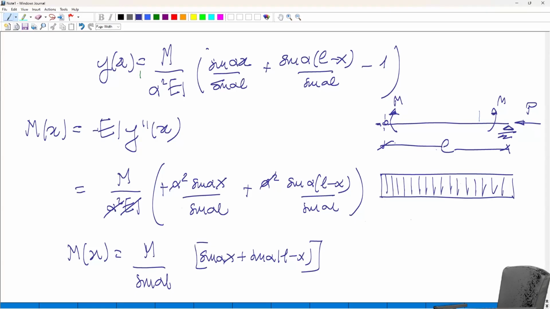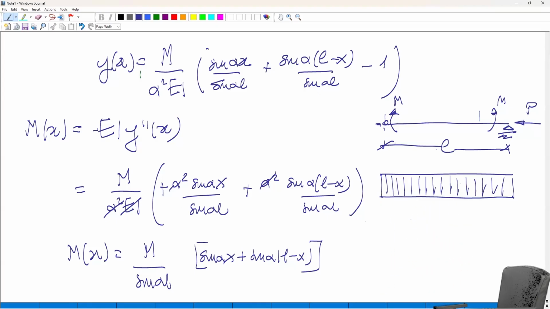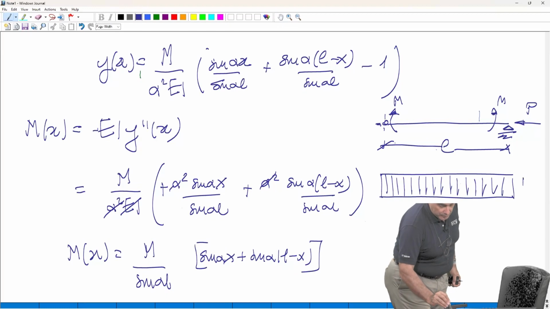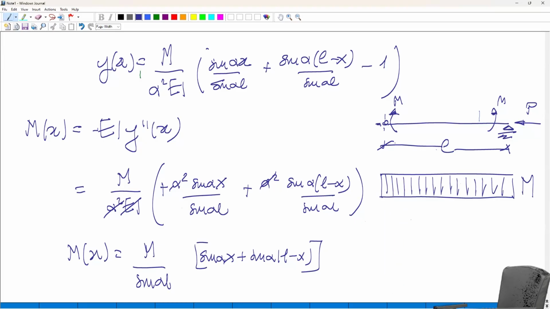This new diagram of the bending moment, does it imply that there is somewhere a local maximum which is higher than M? Because this has a strong implication in design. If we start by neglecting the effect of the axial force, we say the bending moment is uniform, constant everywhere, M, and I design for M. Then if I include the effects of the axial force, I end up with this.